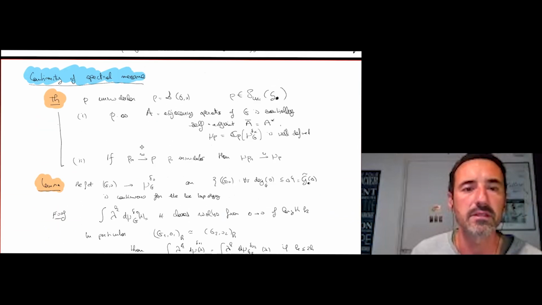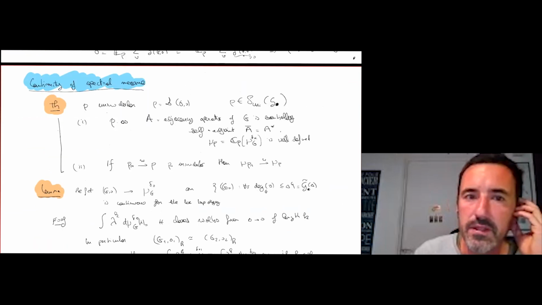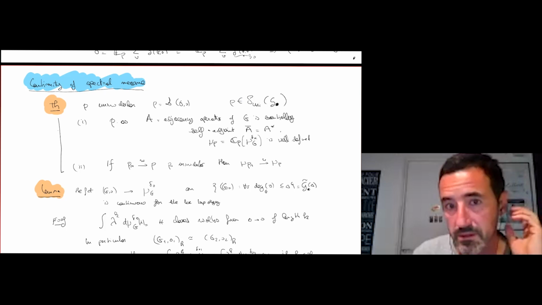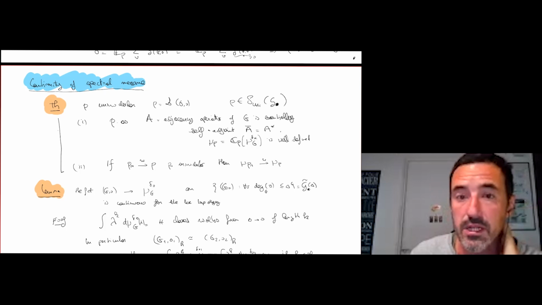It was saying that as soon as you had a unimodular measure, the adjacency operator was essentially self-adjoint with probability 1, and also this continuity property.